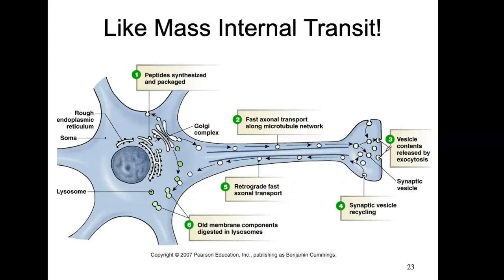I call it mass internal transit, because you make it, send it, release it, and then some of it is recycled and returns back to the cell body. But don't worry about that. Just think of it as being manufactured here in the cell body and traveling to the end of this axon that can be very, very long.